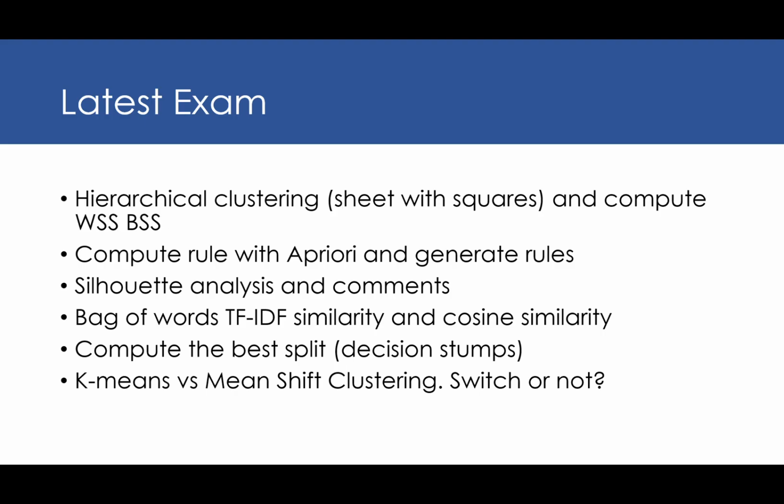Then we have the a priori, and the 2 generate rules, then a silhouette analysis, but we have to comment on it. Then one exercise about bag of words and term frequency inverse document frequency similarity, and one about the trees, and the last one is a comparison between 2 clustering algorithms.